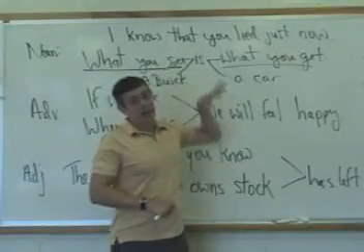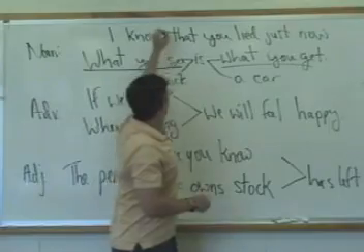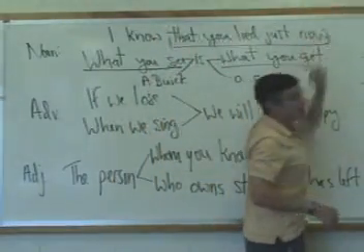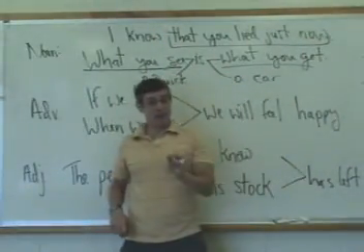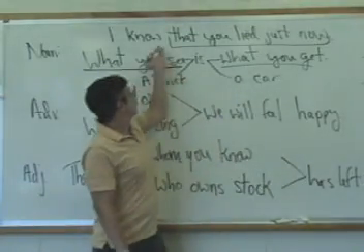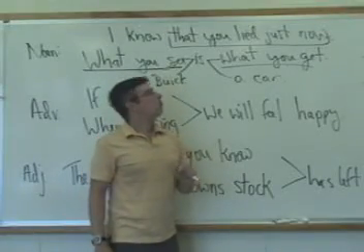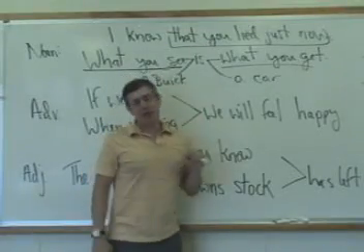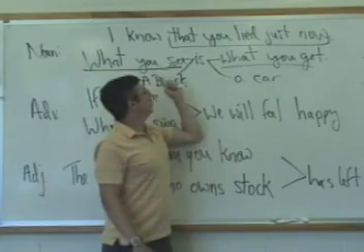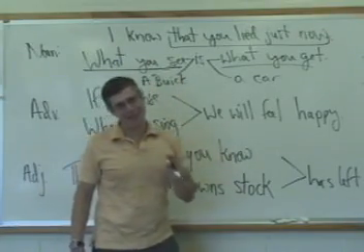Here it's not a secret, but it's I know that you lied just now. So here, I know a secret. Secret is the direct object of know. And here the direct object of know is that you lied just now. So this is likewise, just like secret, functioning as a noun. It's a subordinate clause functioning as a noun.